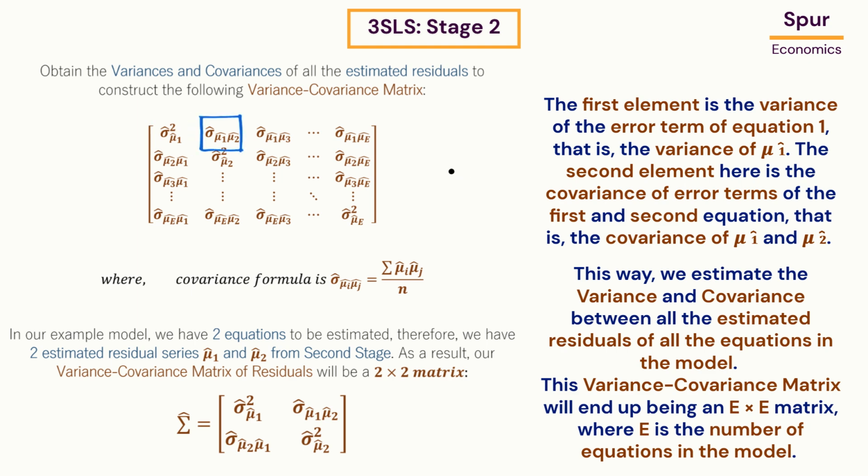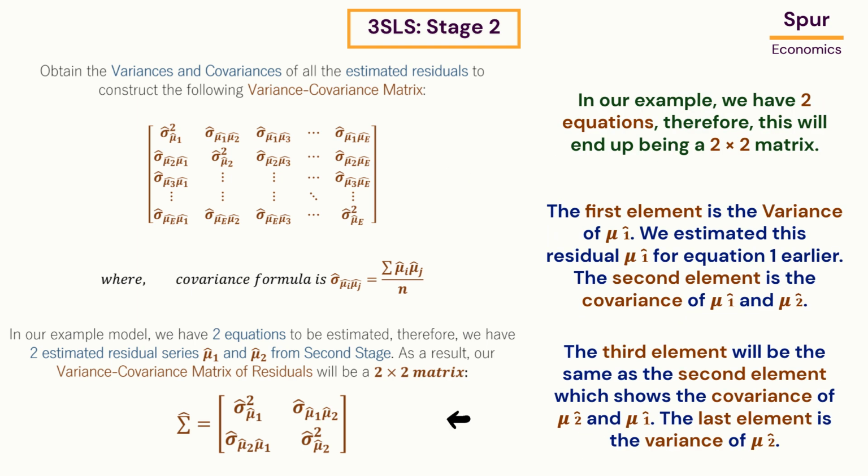The second element here is the covariance of error terms of the first and second equation, that is, the covariance of mu1 cap and mu2 cap. This way, we estimate the variance and covariance between all the estimated residuals of all the equations in the model. This variance-covariance matrix will end up being an E by E matrix, where E is the number of equations in the model. In our example, we have two equations, therefore, this will end up being a 2 by 2 matrix.